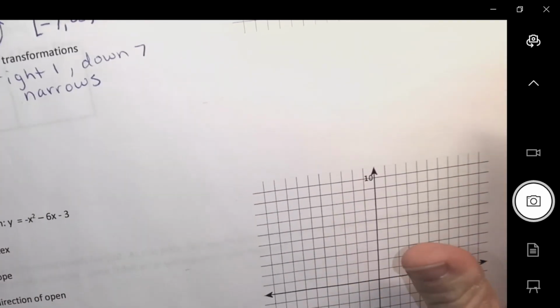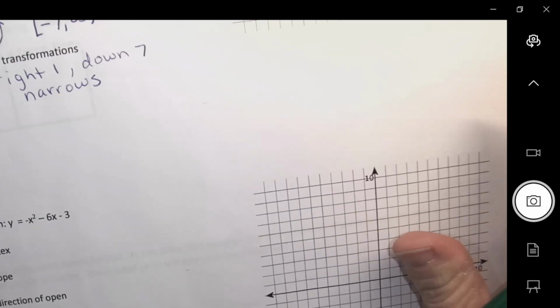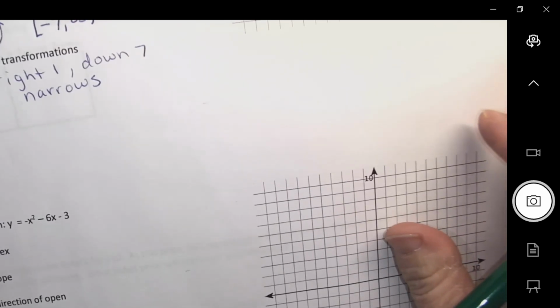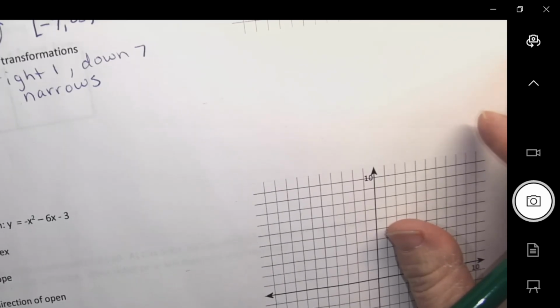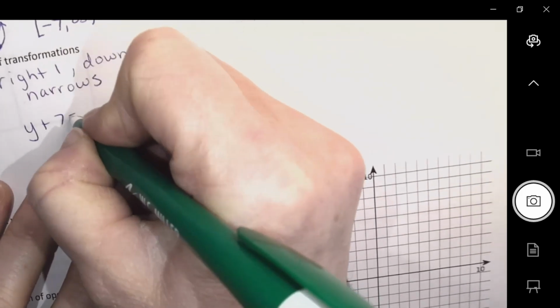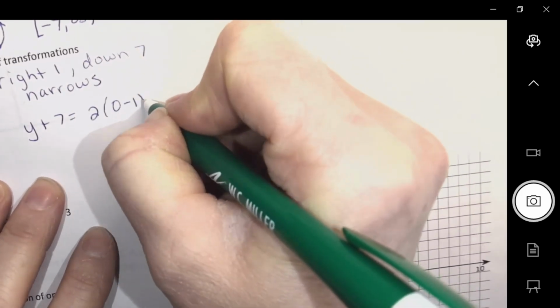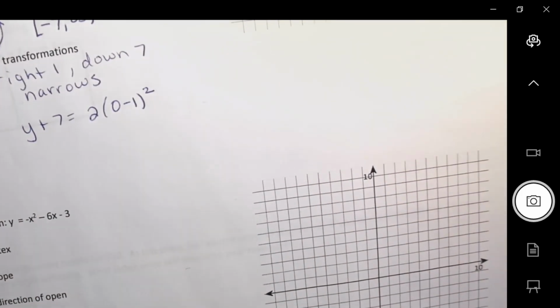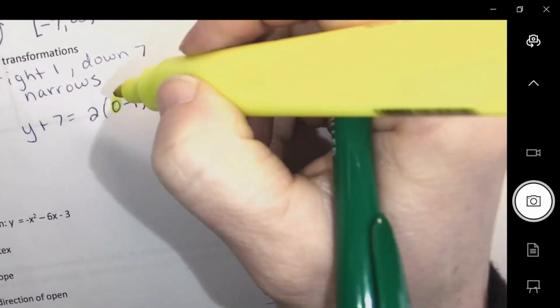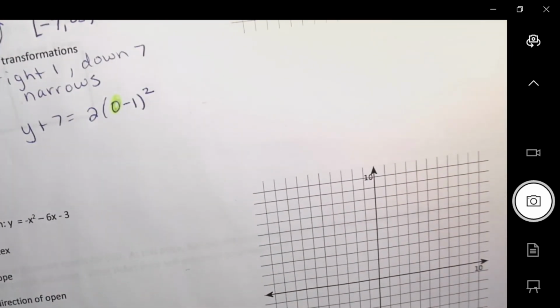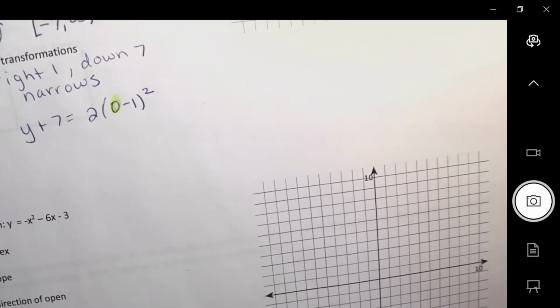On the y-axis, the x number is specifically 0. So can you make that happen? If x is 0, I'm going to plug it in. That's always the general idea with intercepts. If I want the x-intercept, I would make y 0. If I want the y-intercept, I make x 0.